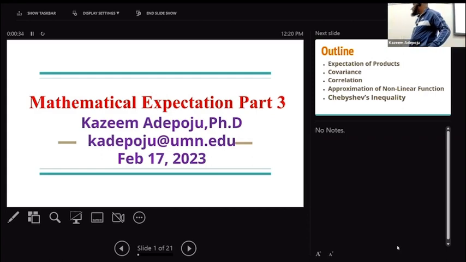Today we are going to focus on mathematical expectation, part 3. We started this on Monday, but next Monday will be dedicated to the Meter 1 practice questions review.